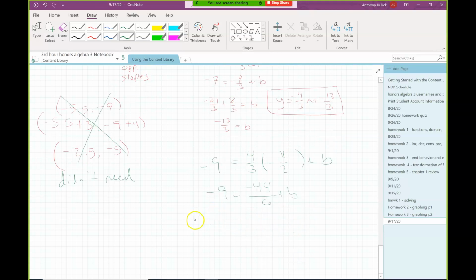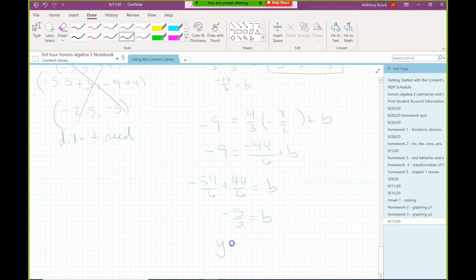So when I add that over, I have negative 54 over 6. So that simplifies down to negative 5/3. So I have y equals 4/3 x minus 5/3. Okay, there.